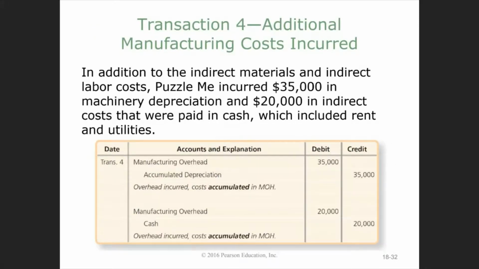In addition to the indirect materials and indirect labor cost, Puzzle Me incurred $35,000 in machinery depreciation, and $20,000 in indirect cost that were paid in cash, which included rent and utilities.